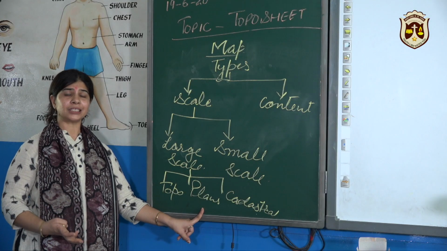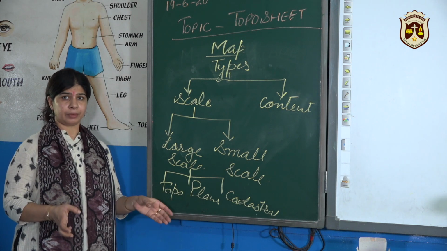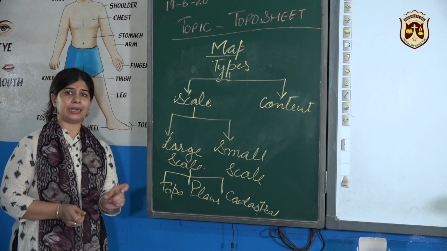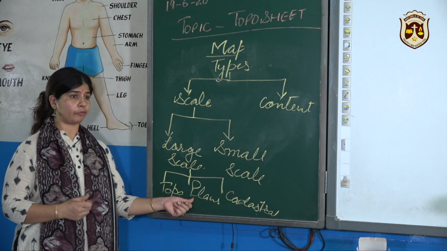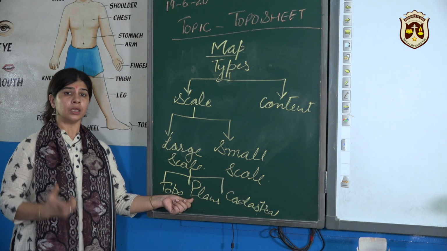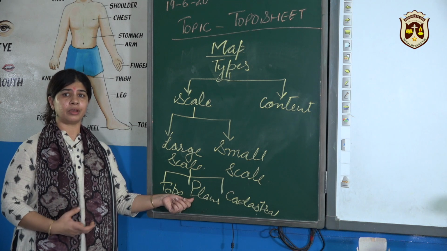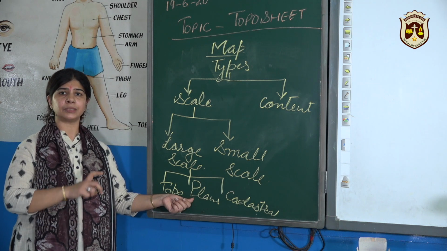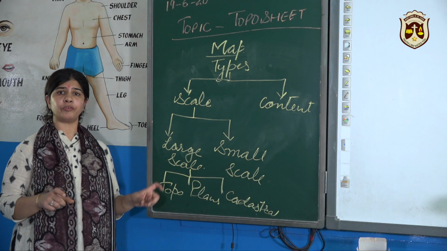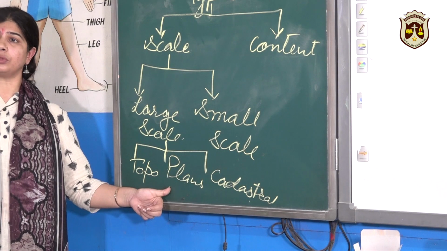In a plan map, a very small portion is shown with great information. In a house plan, where the drawing room is, where the kitchen is, where the lobby is, everything is mentioned on that paper with detailed information. Each and every few centimeters and meters are depicted on those plans.